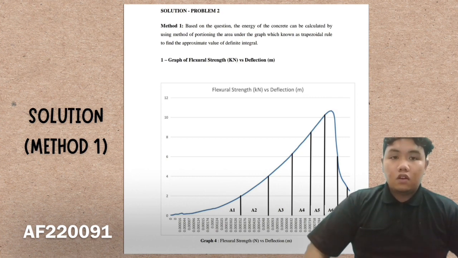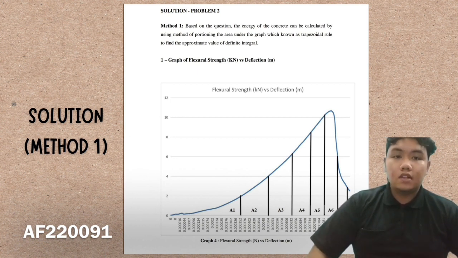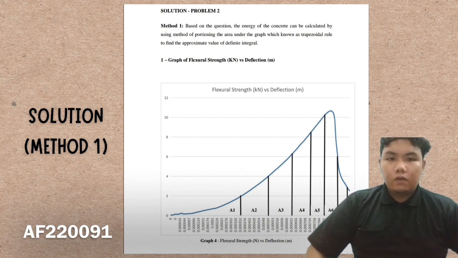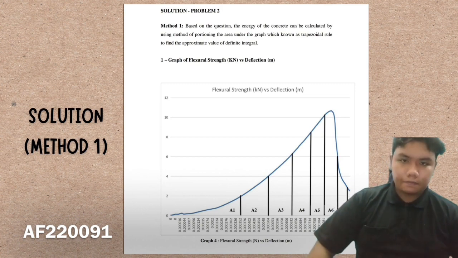Based on the question, the energy of the concrete can be calculated by portioning the area under the graph, known as the trapezoidal rule, to find the approximate value of the definite integral. This is a graph of flexural strength kN versus deflection m. My group and I sketched this graph, and this is how it looks.